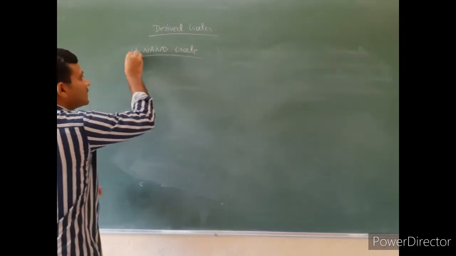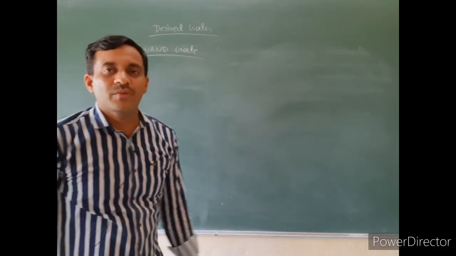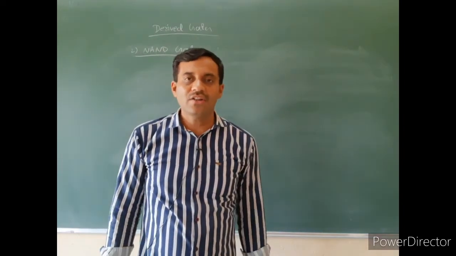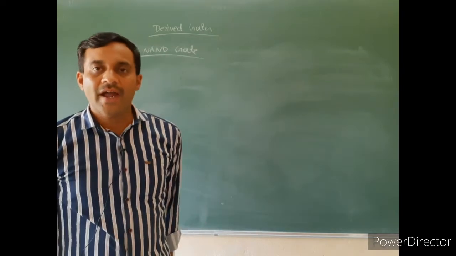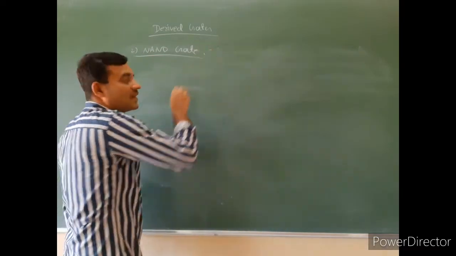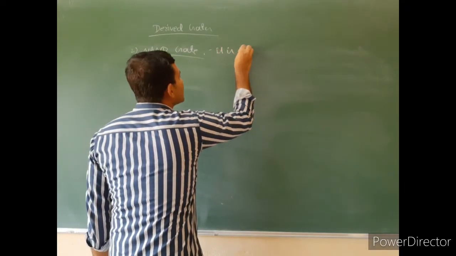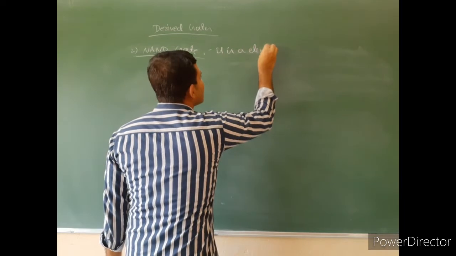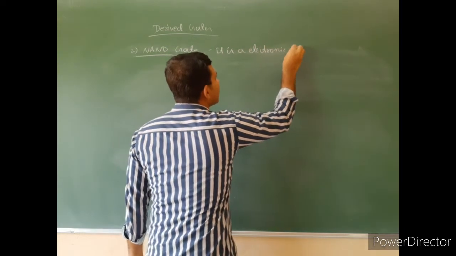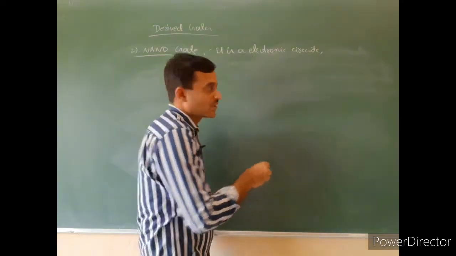NAND gate. See the name, NAND gate. It is a combination of an AND gate and a NOT gate. Then what is the working principle of the NAND gate? See here, it is an electronic circuit.